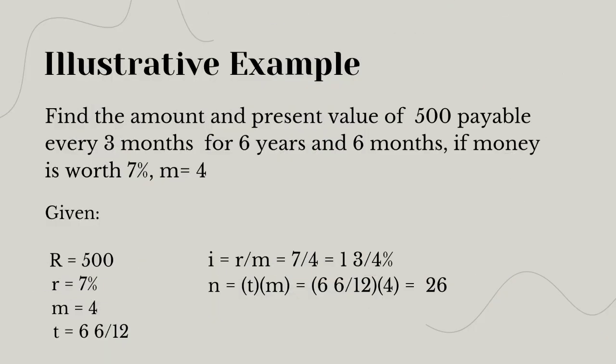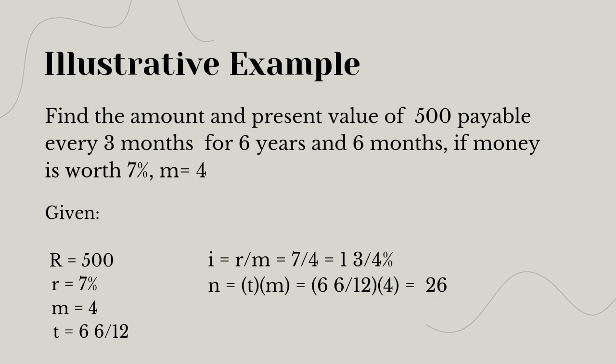Find the amount and present value of 500 payable every 3 months for 6 years and 6 months if money is worth 7%, M equals 4. So this is the given. R is equal to 500, rate is 7%, M or number of conversion periods per year is 4, and the time is 6 years and 6 months.